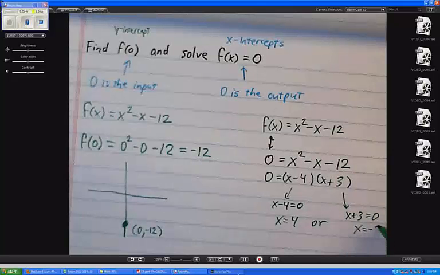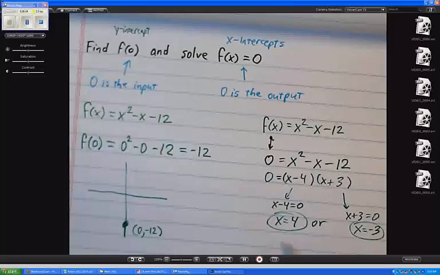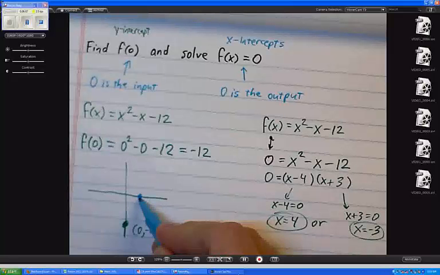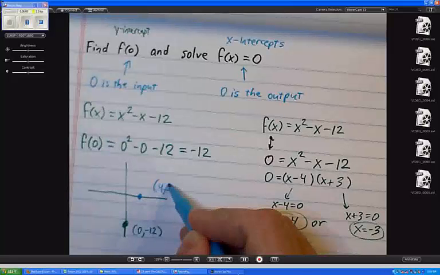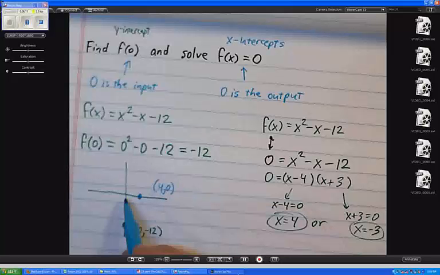So these are the solutions to the equation f of x equals 0. On the graph, these are the what? The x-intercepts, right? So I could plot those right now. I could say, well, over here I have 4 comma 0. And over here I have, let's see, 1, 2, negative 3 comma 0.